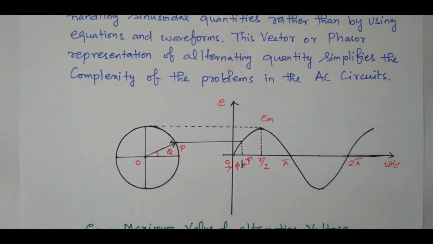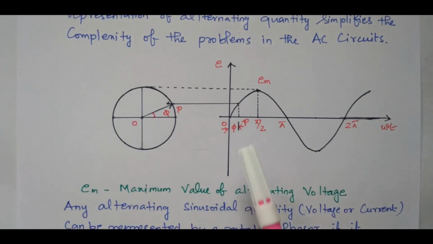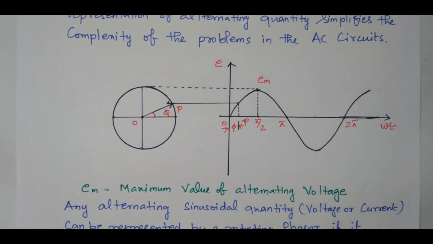This angle can be easily measured from the phasor diagram itself, right? The entire sine wave can be represented as a phasor diagram for easy understanding. This Em is the maximum value of the alternating quantity, right?